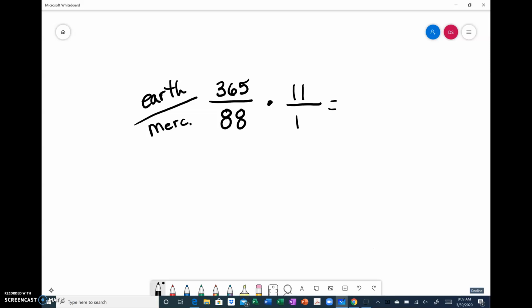The equation would be 365 over 88 times 11 over 1. And when you use the calculator to figure out that multiplication problem, you would find out if you're 11 that on Mercury you would be 45.6 or 45 and a half basically Mercury years old.